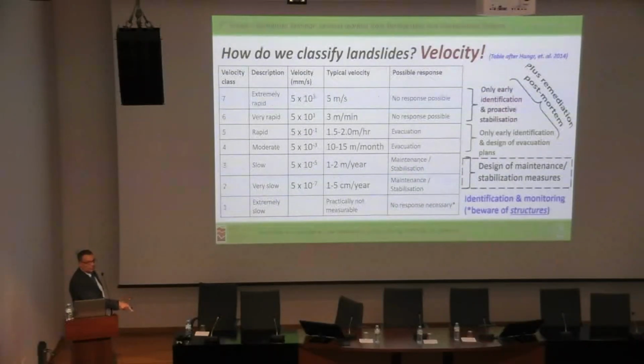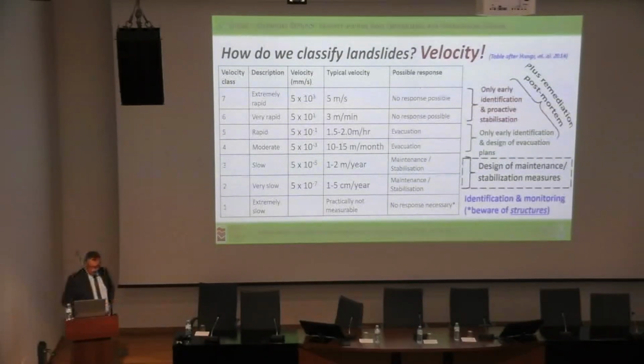And finally, we can have extremely slow landslides, which, yes, are identified, but they practically have no measurable movements or movement rates, and there is no response necessary, except, of course, for monitoring them, in case there comes some sort of change.